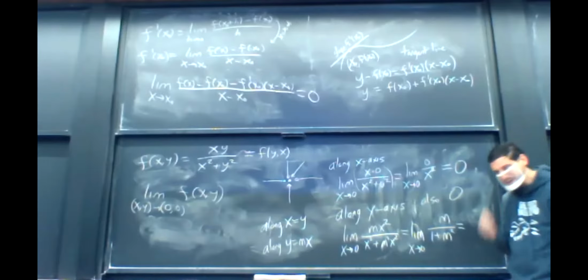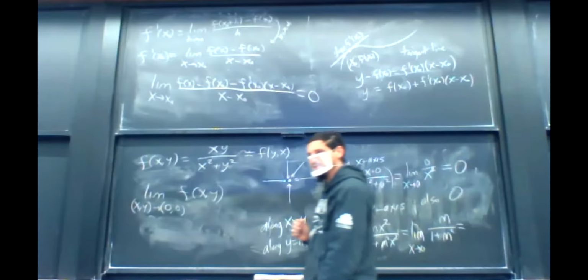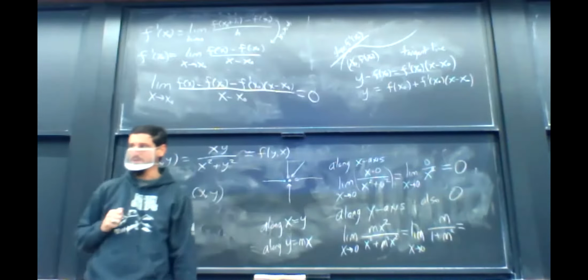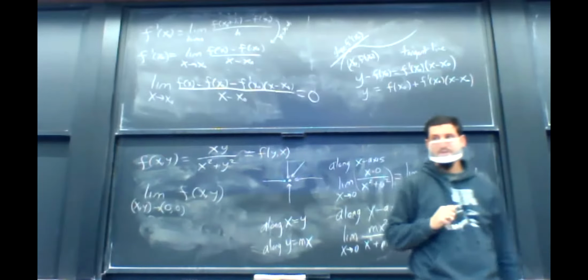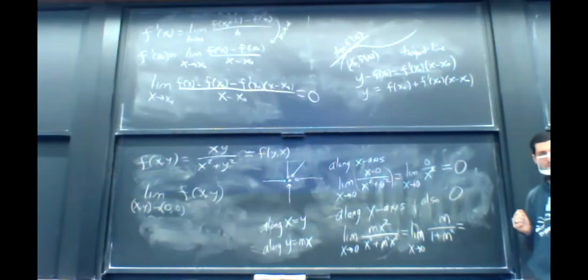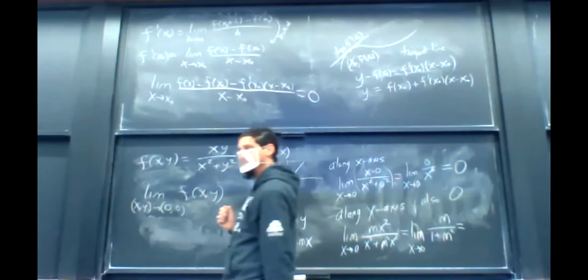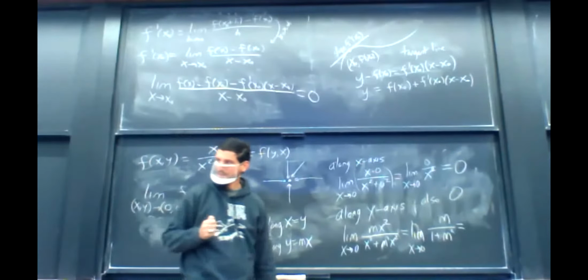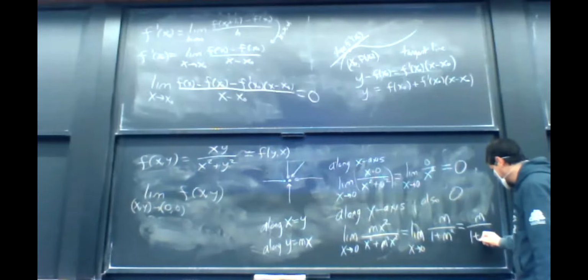For every value of x, I give you m divided by 1 plus m squared. So what is the limit as x goes to 0? It would just be m over 1 plus m squared.